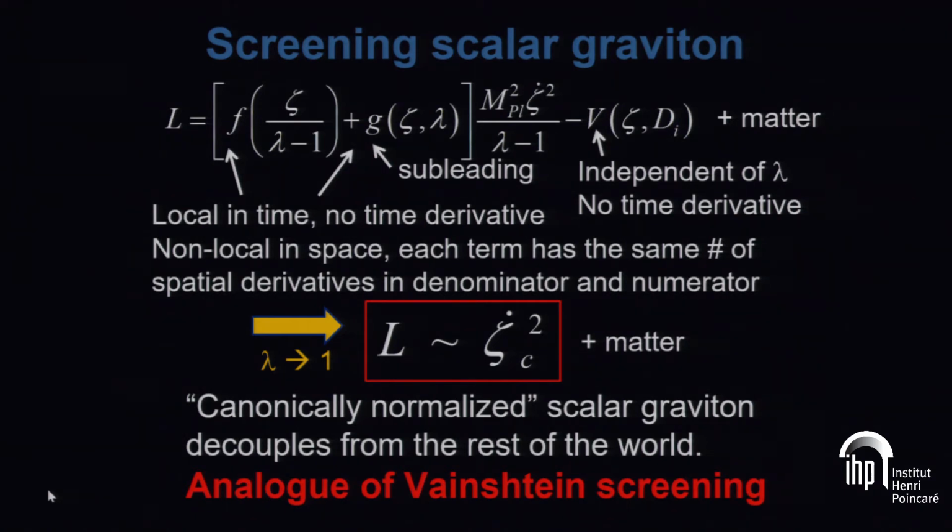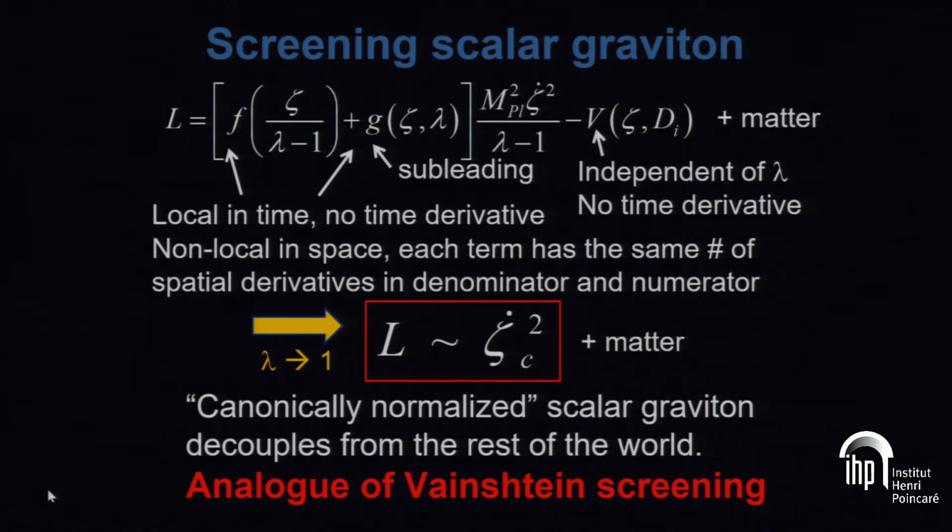Okay. But as you see from here, lambda appears only in the kinetic term. Lambda never enters potential terms and gradient terms, and also matter action is independent of lambda. So if we can somehow canonically normalize this part, then because lambda minus 1 is in the denominator of the kinetic term, lambda minus 1 should go to numerator of here and here.